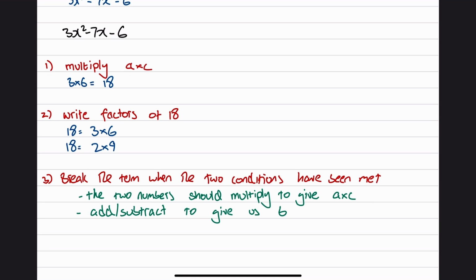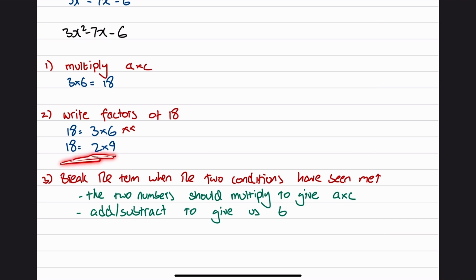Now 3 and 6 do multiply to give us a times c. Now a times c is 18 because our a is 3 and our c is 6. So 3 times 6 is 18. So 3 and 6 do give us 18, but 3 and 6 do not add or subtract to give us minus 7. So even though it fulfills the first condition, it does not fulfill the second condition. So let's just cross this one out.